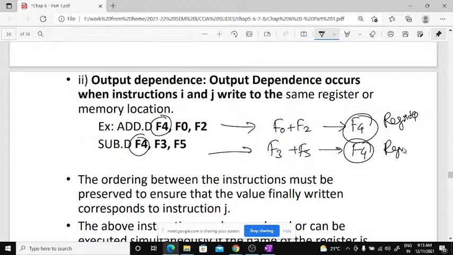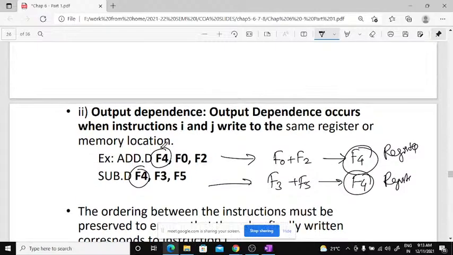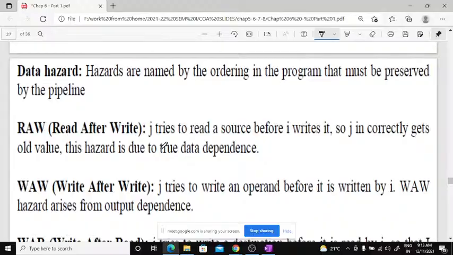So both are using the same register, and sometimes there may be a conflict. That's why in data hazards there are three types of classification. You should note this one.